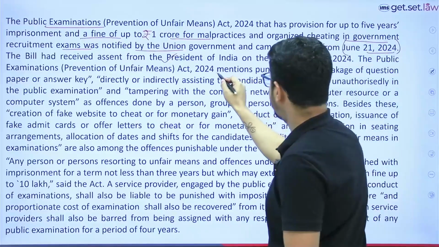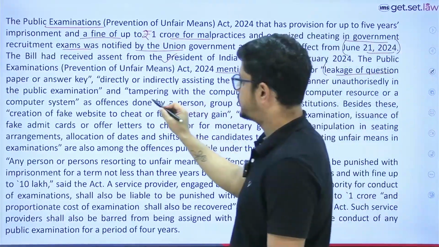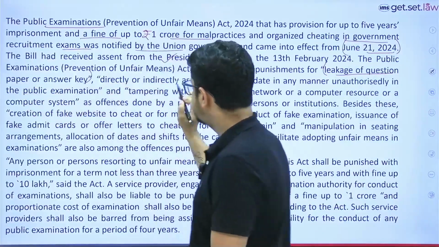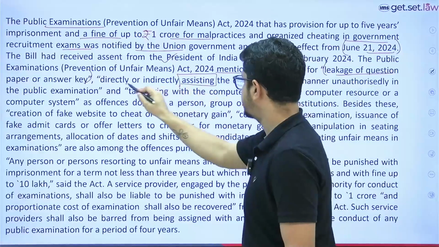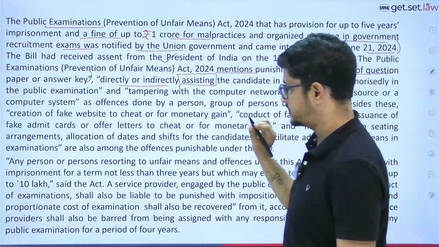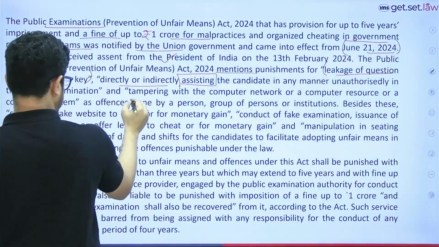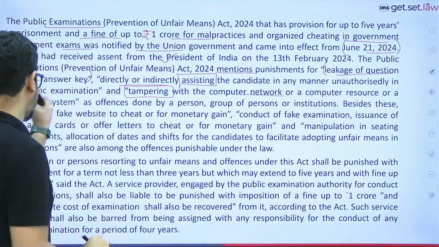Now this mentions punishment for leakage of question paper or the answer key, directly, indirectly assisting. Now this is again direct or indirect assistance to the candidate in any manner unauthorized in the public examination, and tampering with the computer network or computer resource, hacking the system.